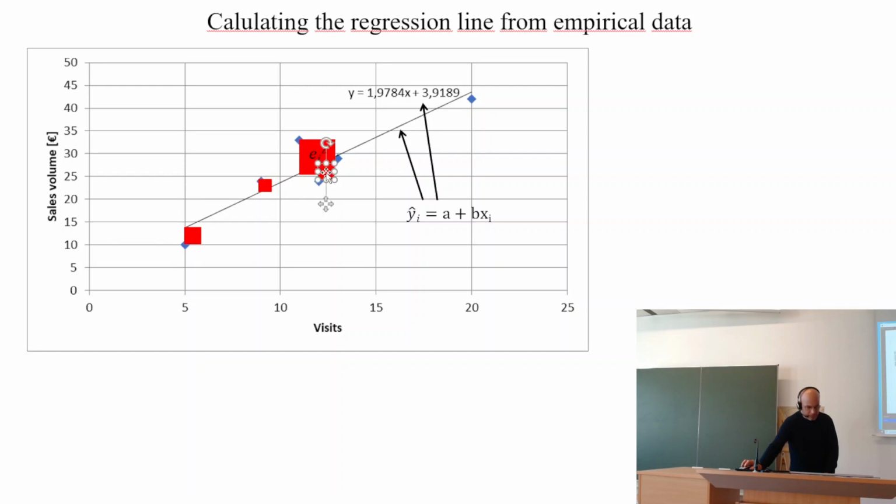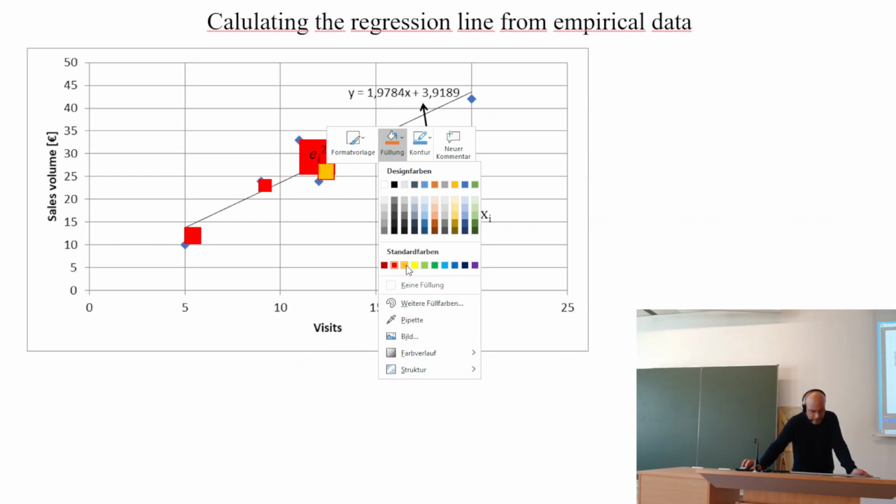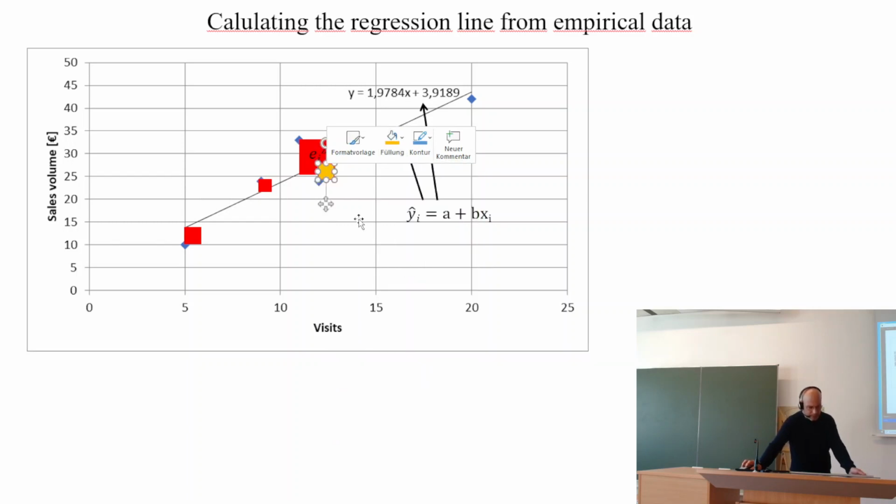This one here, maybe another this one. This we can almost not see because this data point is almost on the regression line. Maybe there, and the last one would be up here.